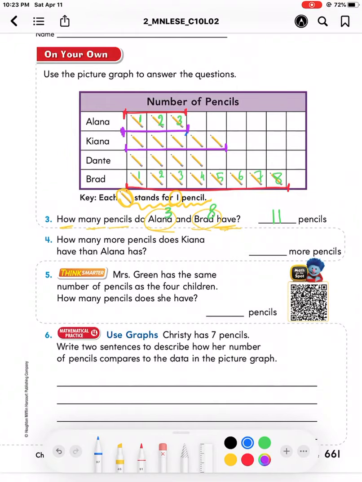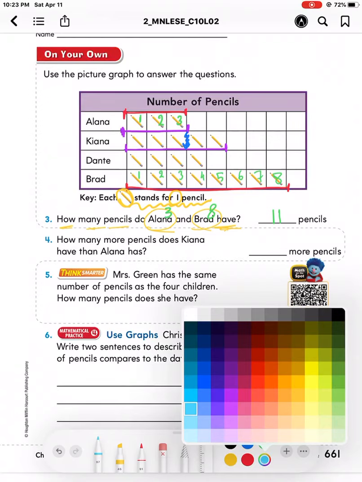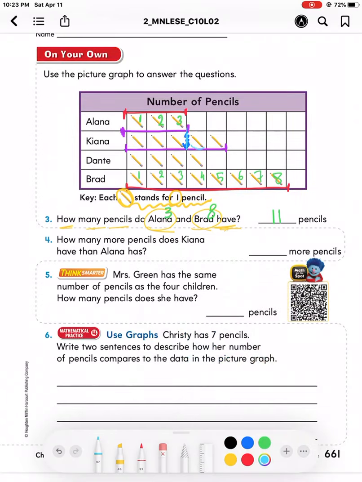Okay, they are similar till this, because Kayana got more pencils than Alina. So if I ask you how many more pencils does Kayana have than Alina has, of course you are going to add the part after this, right? Which is 1, 2, which is 2 more pencils.